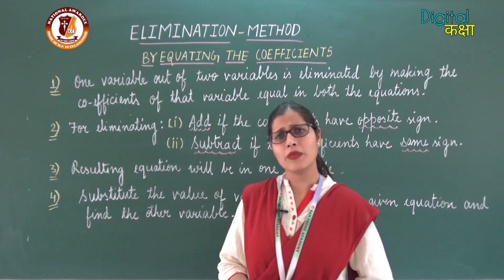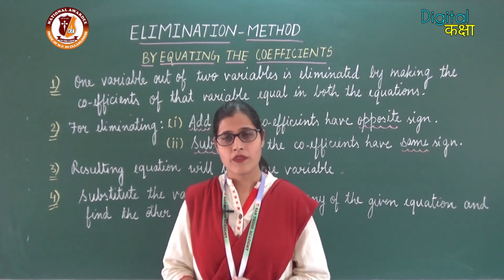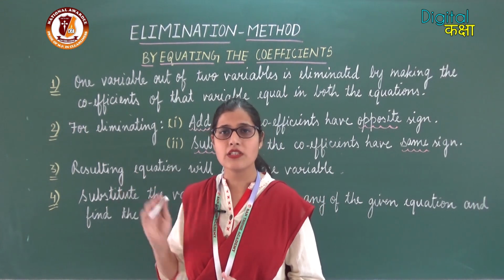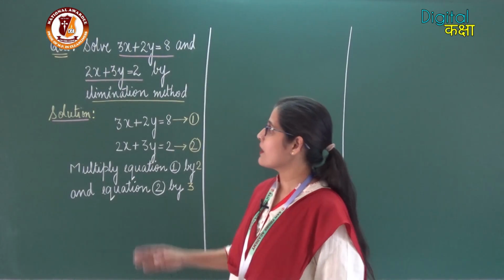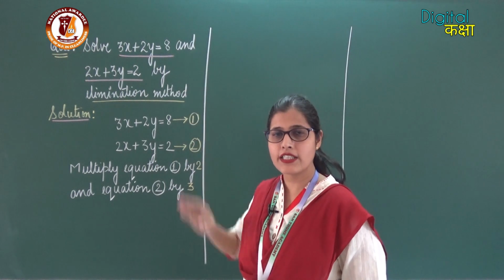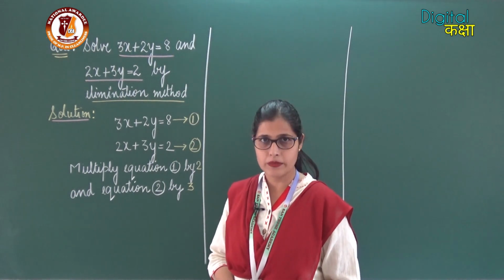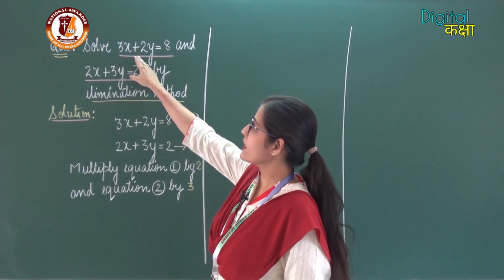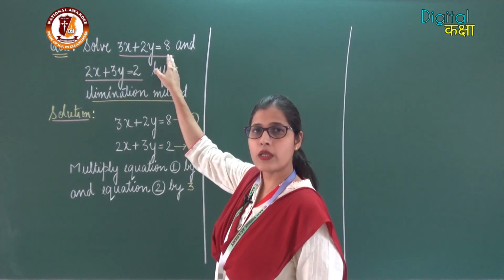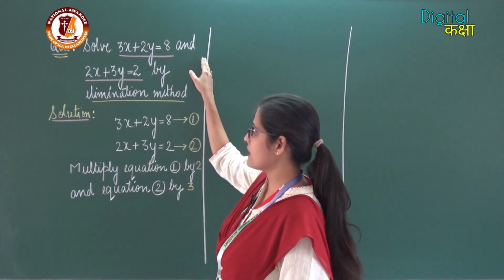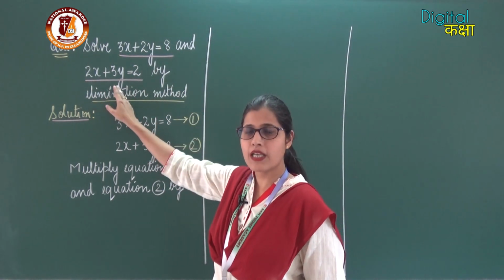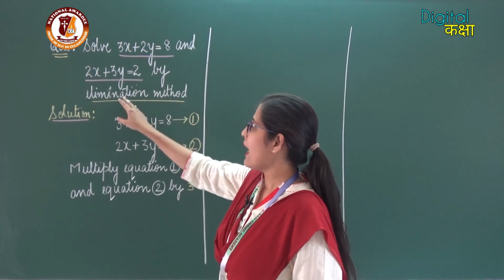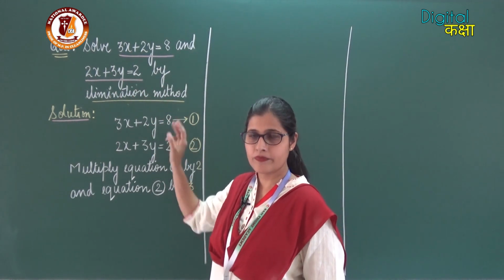To understand the elimination method better, we have to solve some questions related to it. So, let us solve a question. The question is: solve 3x plus 2y equals 8 and 2x plus 3y equals 2 by the elimination method.